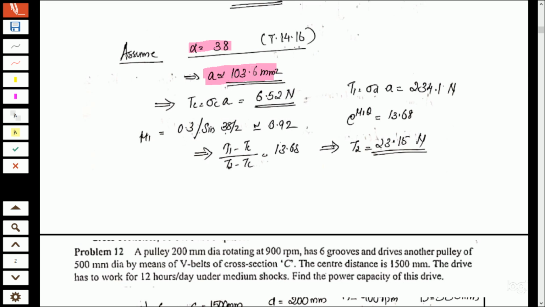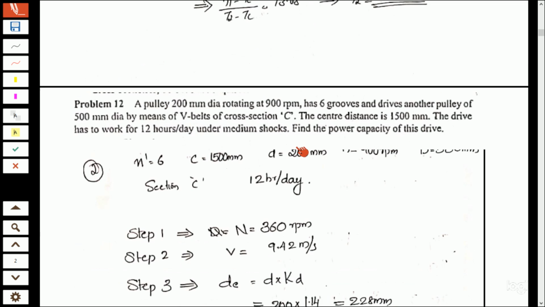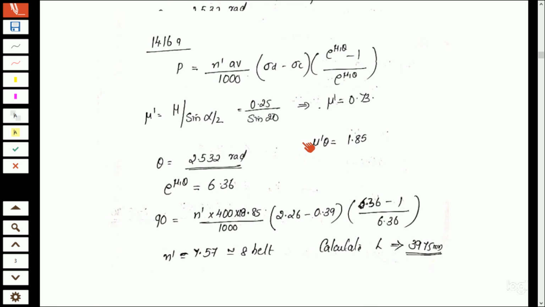After that, using this area, I can calculate the value of Tc. Tc is nothing but sigma C into A, and T1 can also be obtained as sigma D into A. These two values I have obtained. Now I hope you all remember this equation. Let us see what is the speciality of that equation.